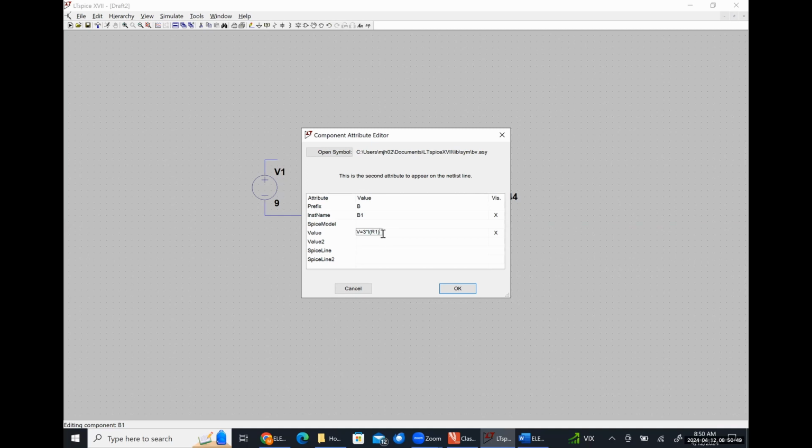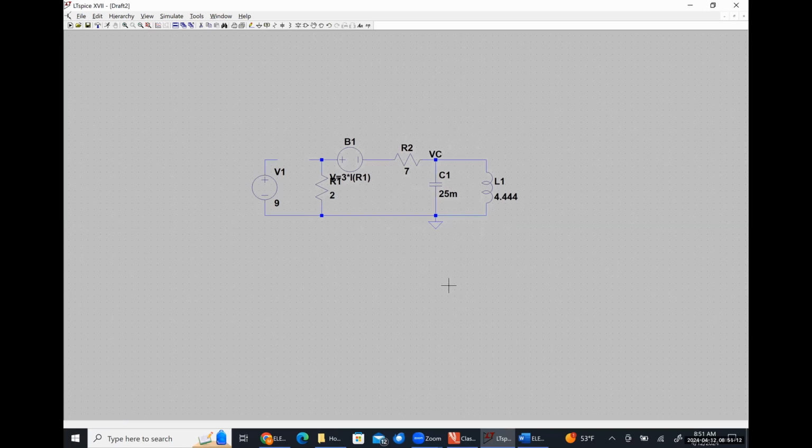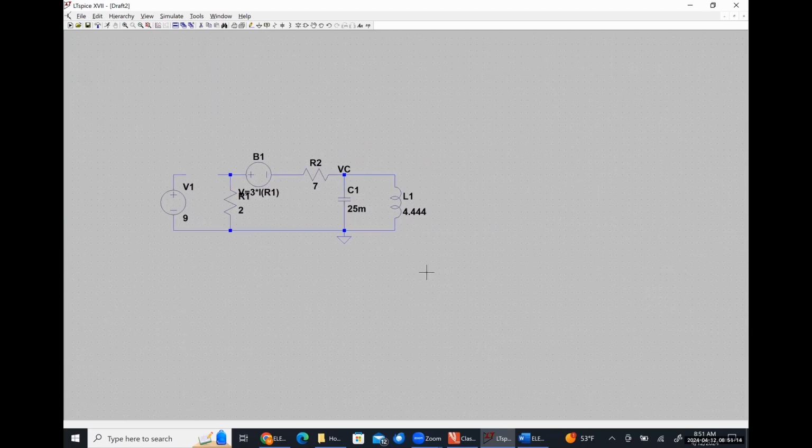Once I run my simulation, I want to look at a current probe over that resistor R1 to make sure that it's in the same direction. If it isn't, I'll have to modify that either by rotating my resistor twice or just putting a negative sign in front of the IR1 to make sure that it matches the actual direction of the current flowing through that thing. So that's my first circuit.